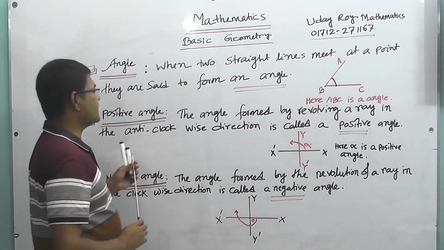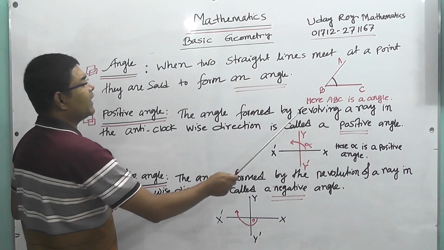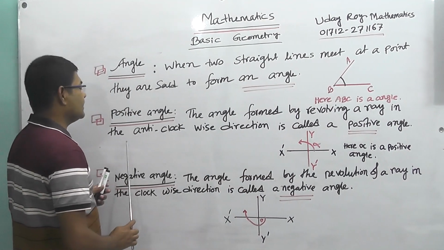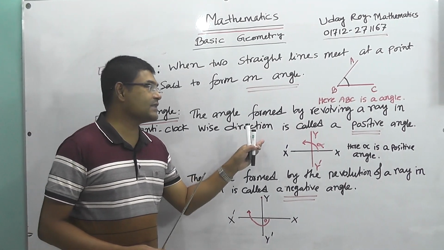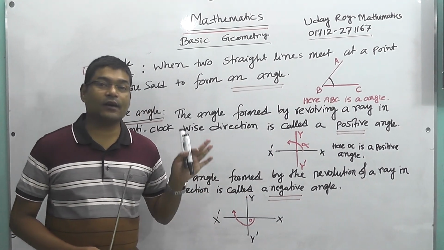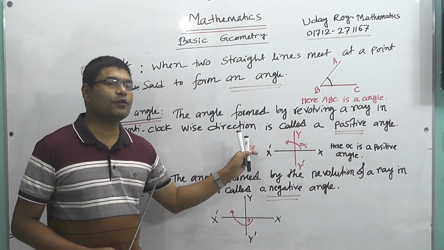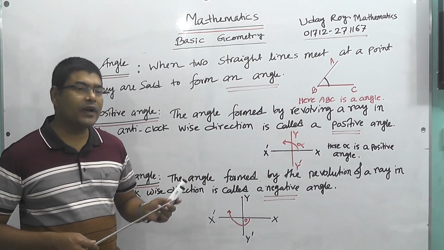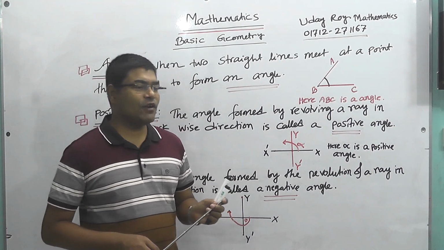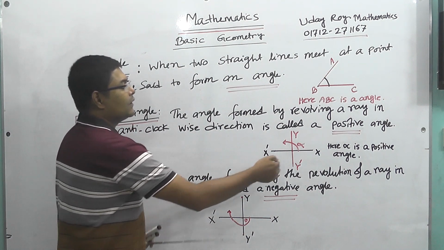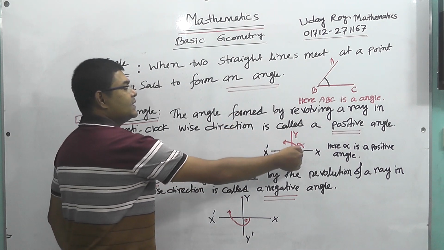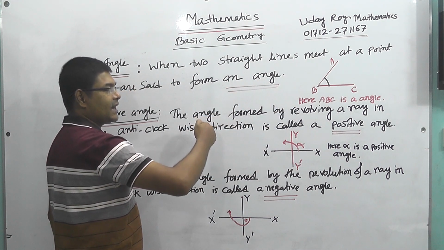So here is the angle formed by revolving a ray in the anti-clockwise direction. That is the positive angle. When you measure any angle, you have to measure in this way, from this to this. This is the anti-clockwise direction.